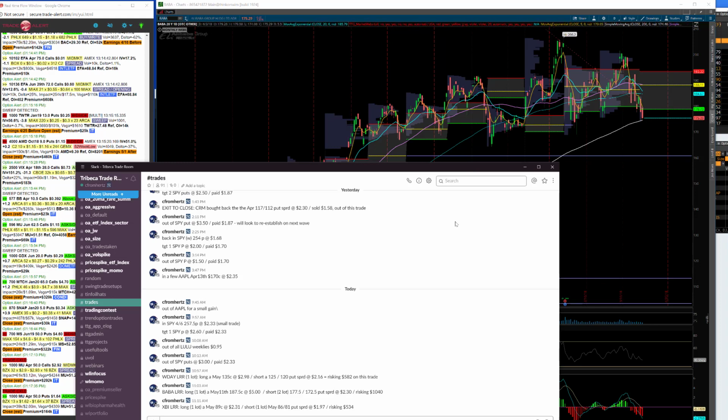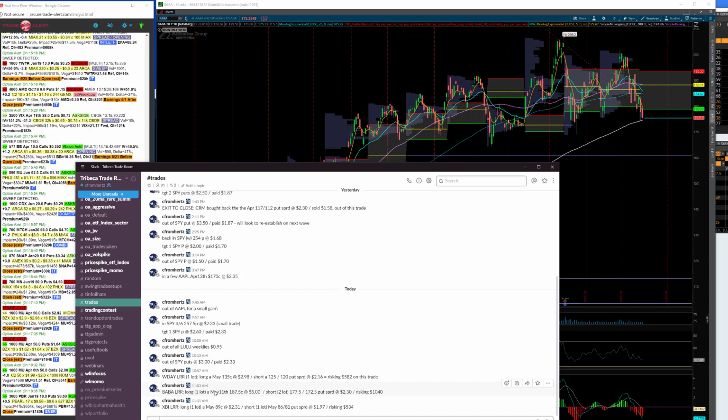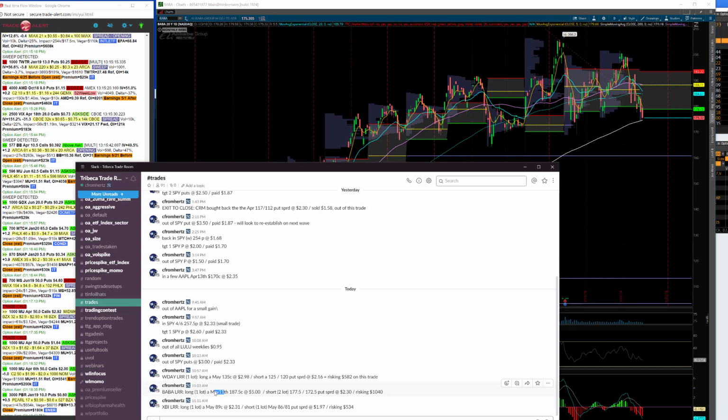My risk on this trade is $1,000. Why is it $1,000? Because I'm shorting 2 contracts and I'm collecting $460 on the put side, and I'm just buying 1 contract, which costs $500. So just to give you a scenario analysis, if the stock finishes above 177.5 by May 11th, I chose May 11th because BABA reports shortly thereafter, and the monthly expiration is not going to work.